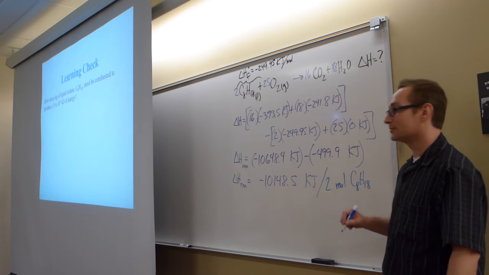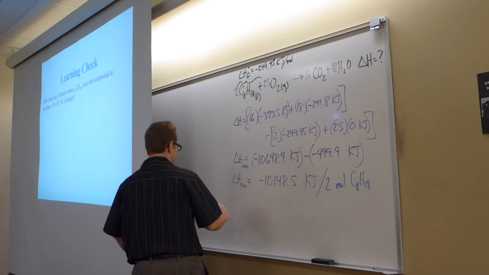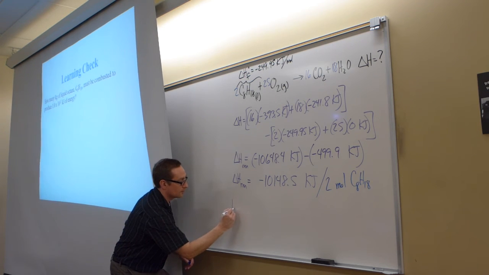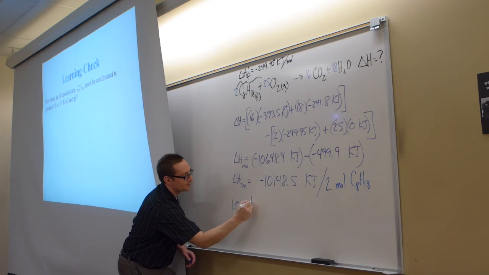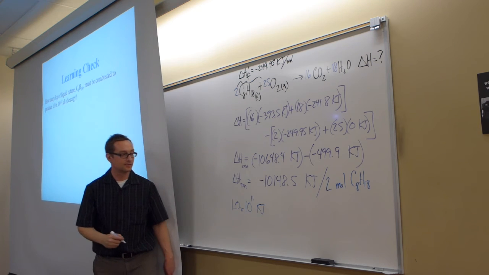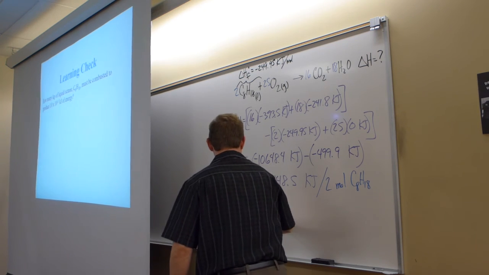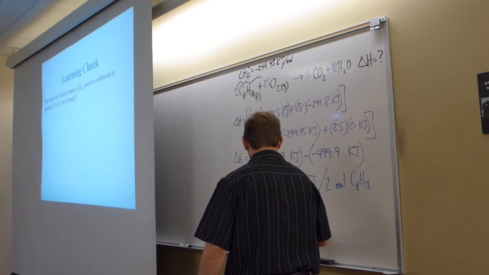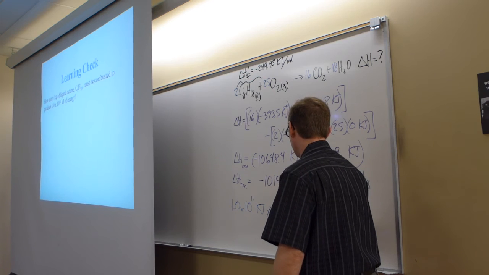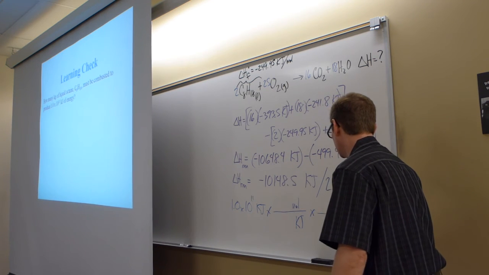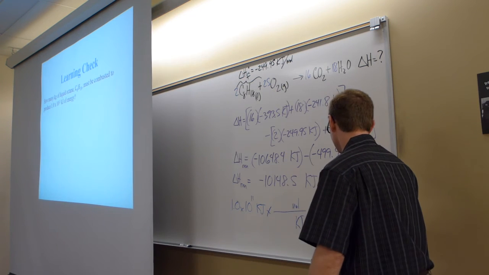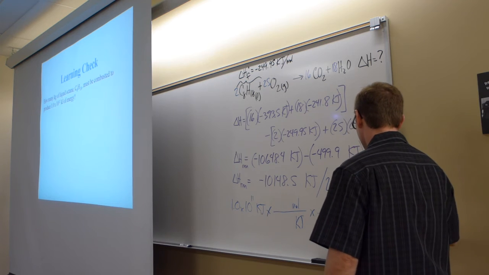We did one of these last time too. So that means that in order to get 1.0 times 10^11 kilojoules of energy, we need to somehow cancel out the kilojoules and get to moles, and then get from moles to grams, and then from grams, of course, to kilograms.